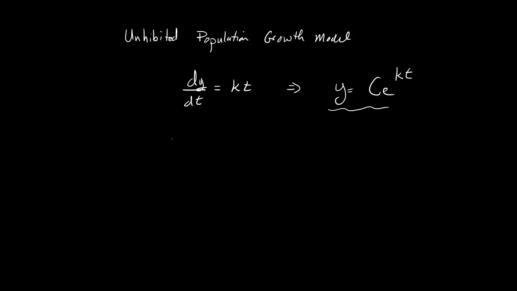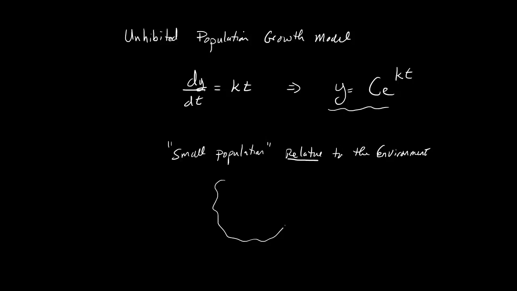And this works well if we have a small population relative to the environment. And the key word here is relative. If we think about a couple cells of bacteria on some agar plate, as they double, these 4 will become 8. I think I added too many. So they become 8. As these double, that 8 would become 16.